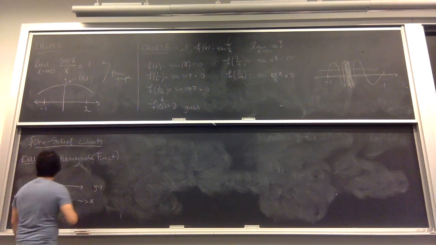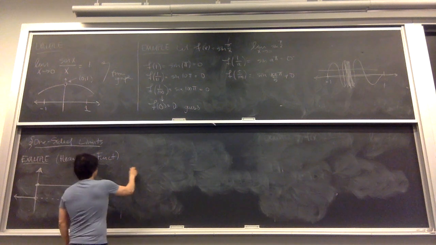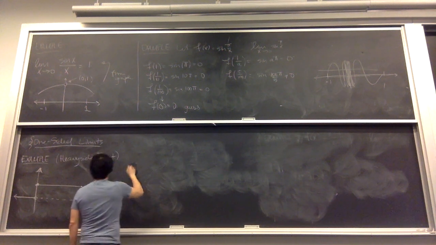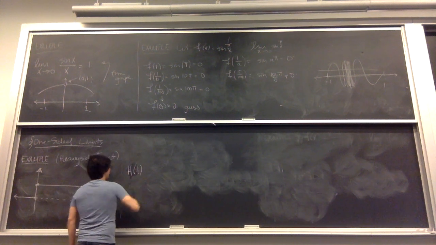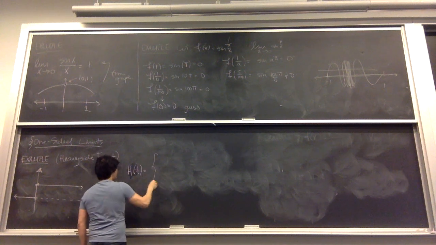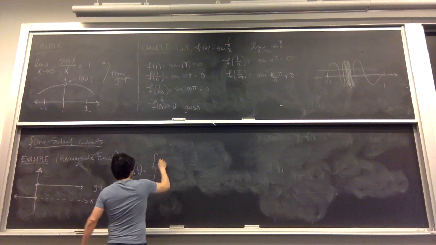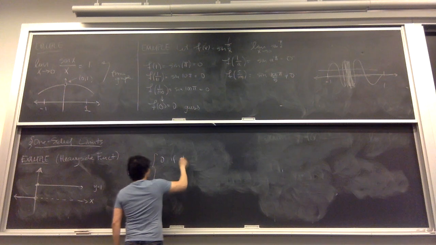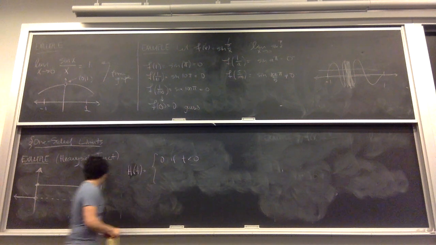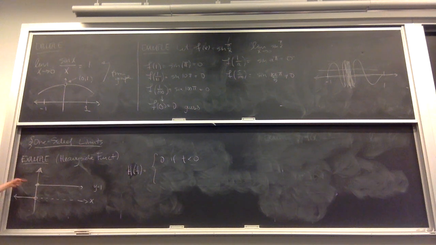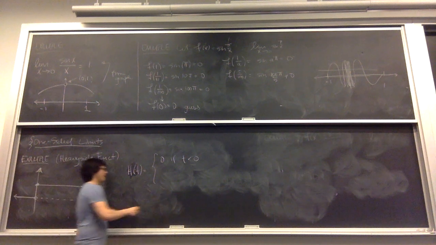So what's the definition of this function? The Heaviside function of t is going to be 0 if t is less than 0, strictly, and then 1.